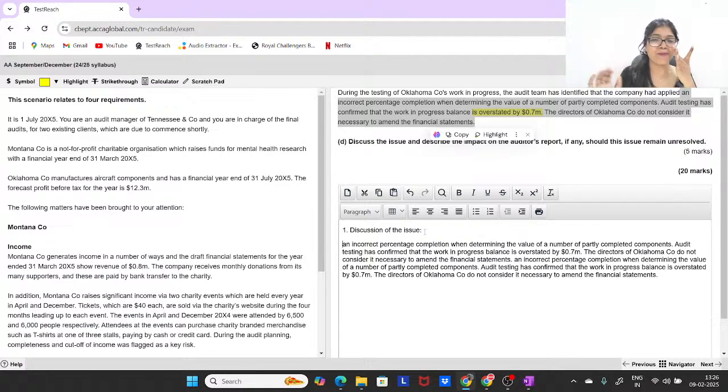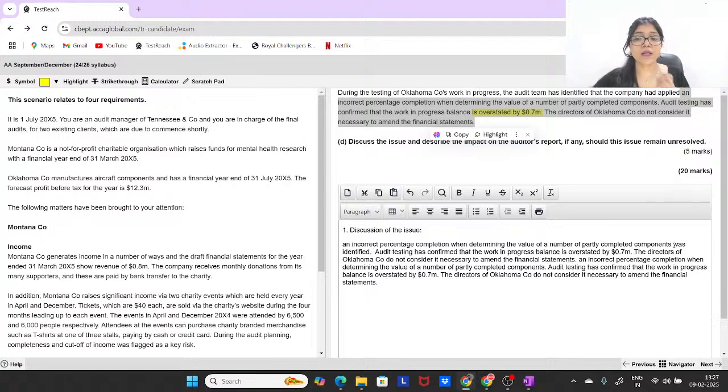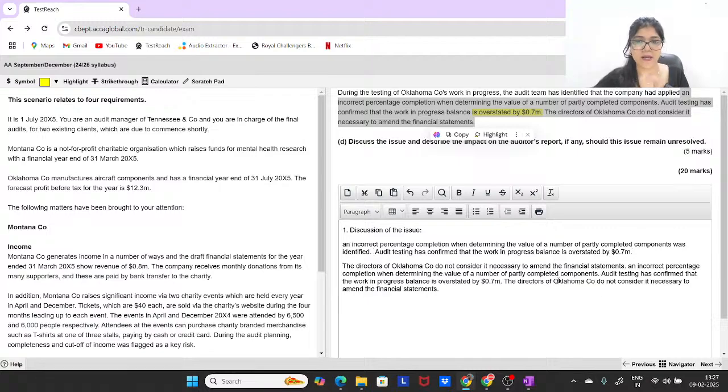Do not say that ma'am told us to copy paste so I copy pasted. No, change the wording a little bit. An incorrect percentage completion when determining the value of a number of partly completed components was identified. Audit testing has confirmed that the work in progress balance is overstated by this amount. Then you make a small paragraph. The directors do not consider it necessary to amend the financial statements.